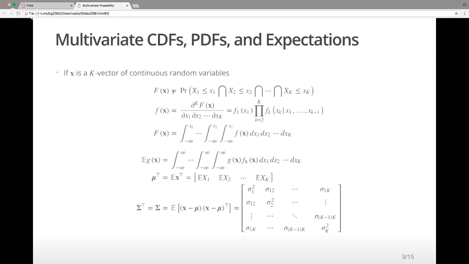Three names for the same matrix, which is a k by k symmetric matrix that has the marginal variance of the kth variable along its diagonal. In the off-diagonal elements, it contains the covariance, in this case, between the first and second variable. But the covariance between the first and second variable is the same as the covariance between the second variable and the first variable. Consequently, these two elements of the matrix are equal.